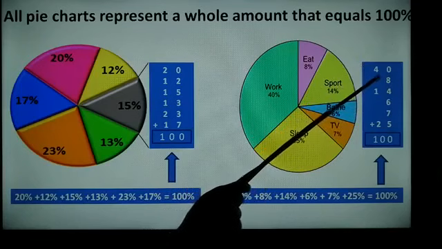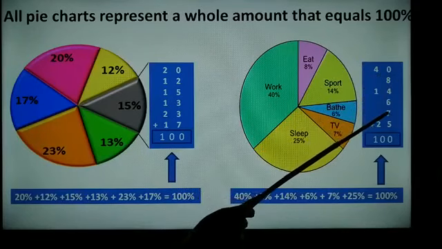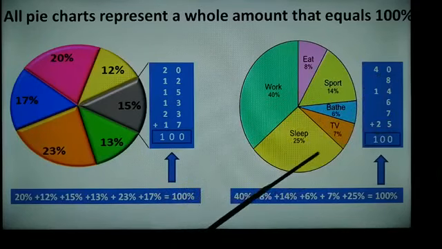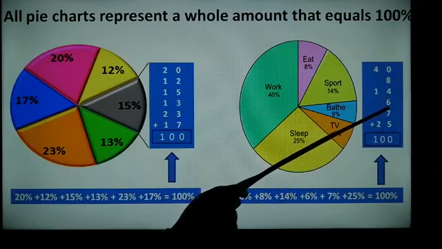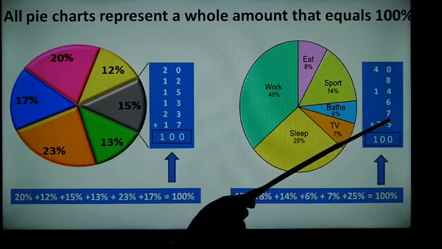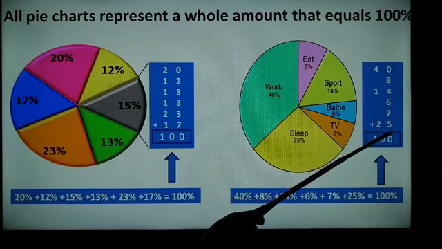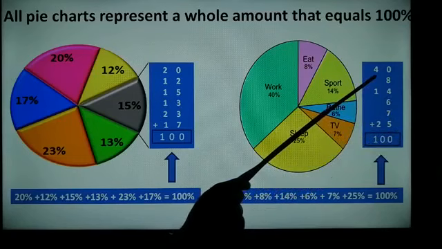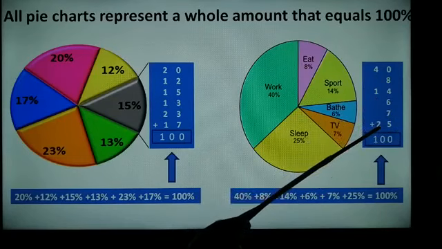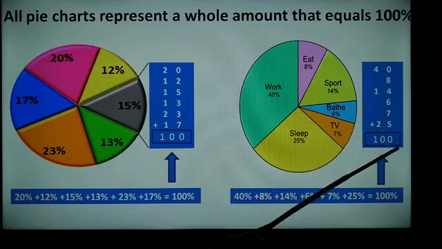Just check the working here. 40 plus 8 plus 14, 6, 7 and 25. When you add 8 plus 4, 12 plus 6, 18 plus 7, 25 plus 5, 30. Carry 3. 3 plus 4, 7 plus 1, 8 plus 2, 10. So it is equal to 100%.